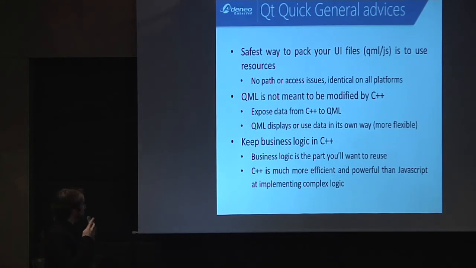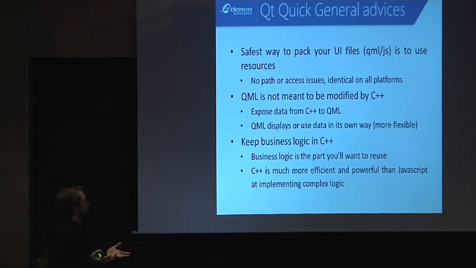One important element, something I've sometimes seen, is that QML is not meant to be modified from C++. When you create your Android Qt application, you have your C++ and you have your QML side. You can share information, and you can also modify the QML directly from the C++, but definitely this is not what you should aim at doing, because that completely breaks the independence between the user interface and the C++.